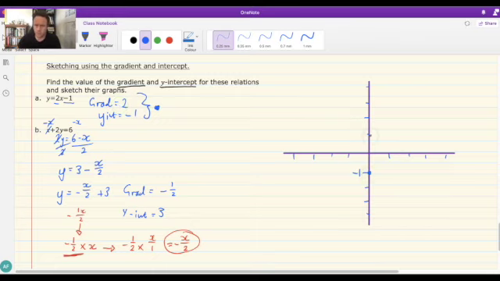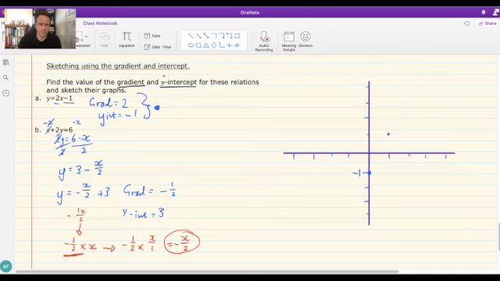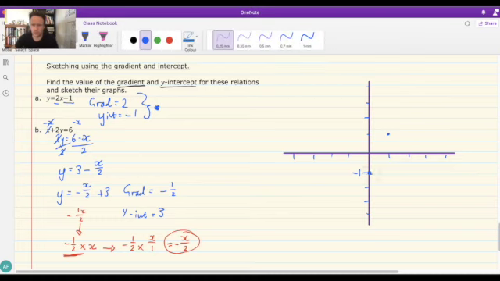So 2 up, 1 across. That's a rise and run of 2 over 1. Once we've got that, we can plot our line.